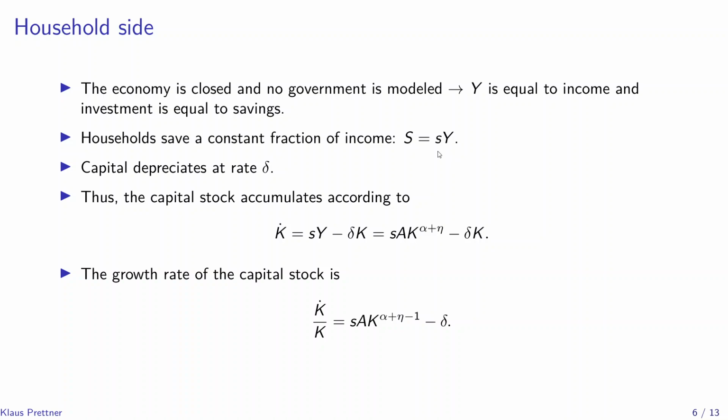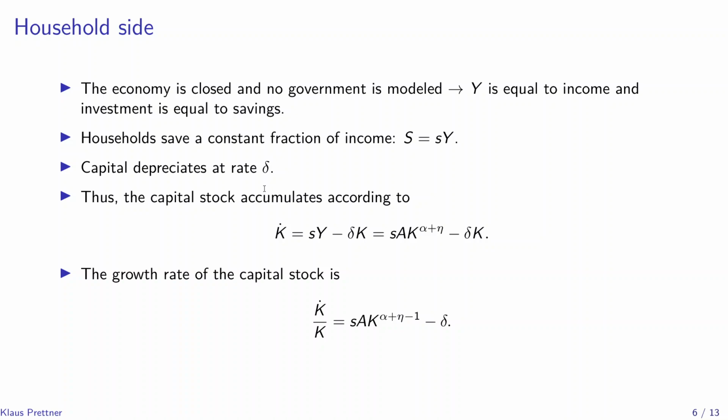But now the crucial assumption is that households save a constant fraction of income, where s is the saving rate, so then aggregate saving would be uppercase S, and that's a fraction of aggregate income. The crucial assumption here is that s is an exogenous parameter, so that's the same as in the Solow model, so savings are not endogenized.